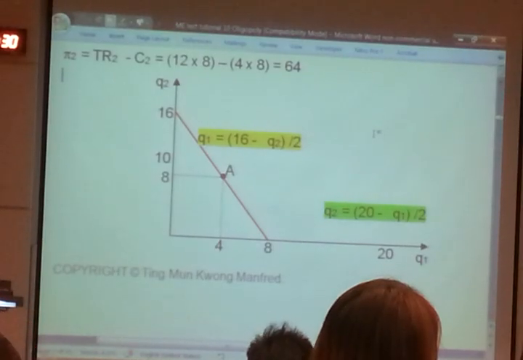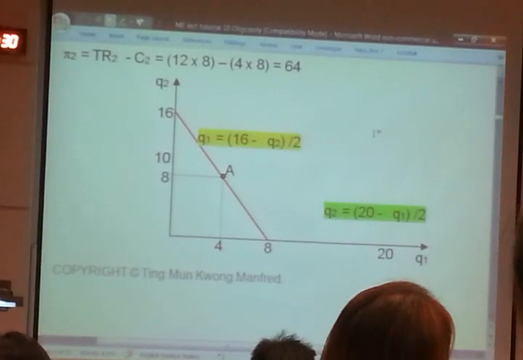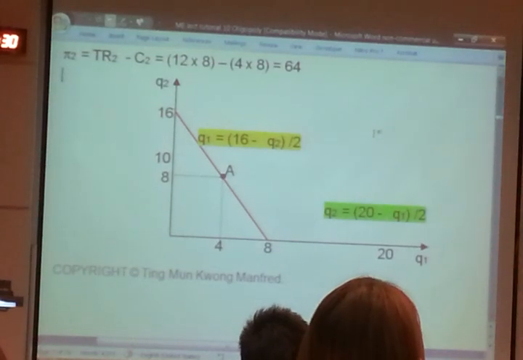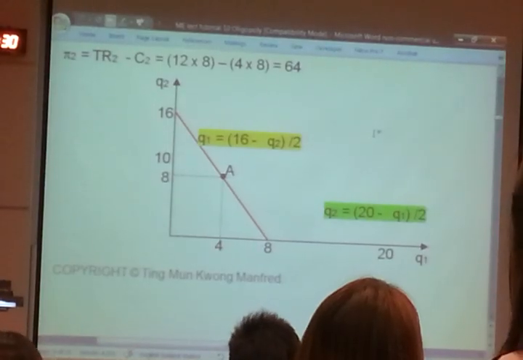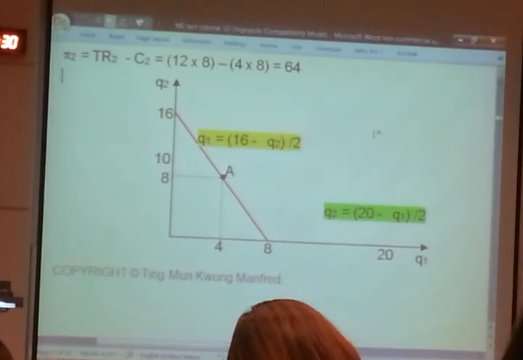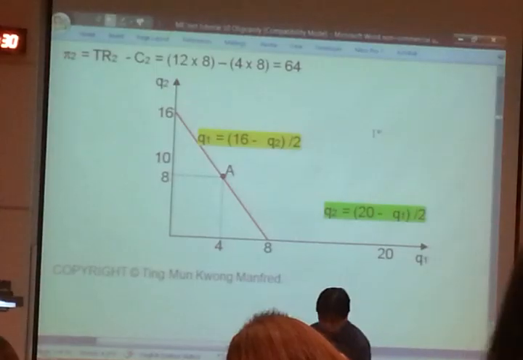Here Q1 is 0. If Q1 is 0, then Q2 will be 15. Here Q2 is 0. If Q2 is 0, then Q1 will be 8. So this is the profit maximizing function for firm 1.